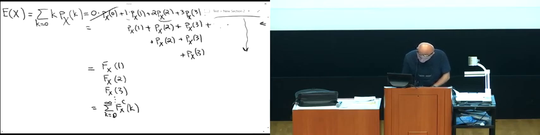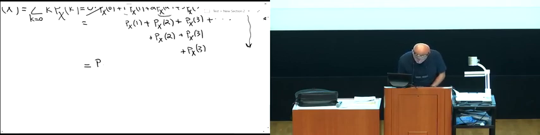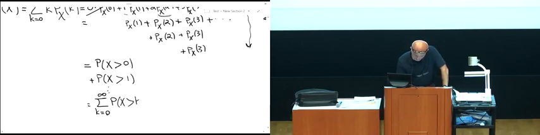Yeah, let me write it in terms of probabilities before we get all confused. So let me write this as: first row is the probability that x is greater than 0, plus the probability that x is greater than 1, plus, so I have the sum from 0 to infinity of the probability that x is greater than k.